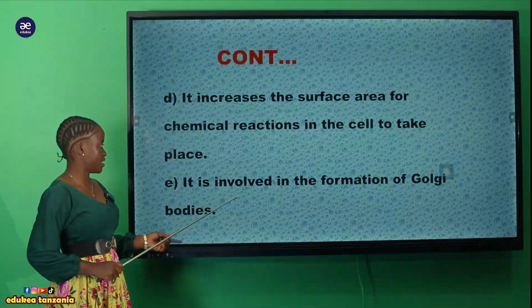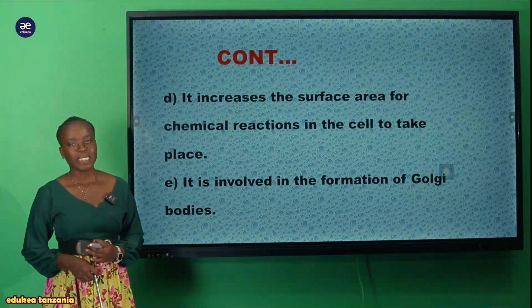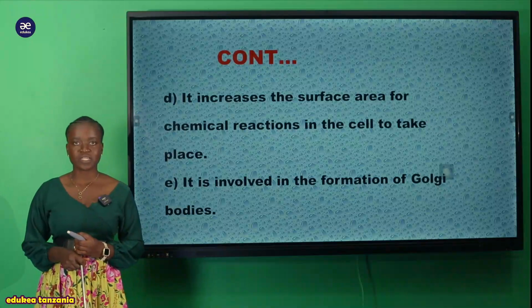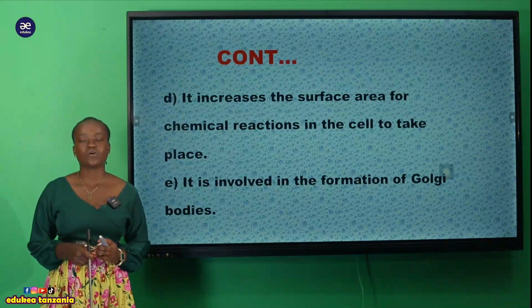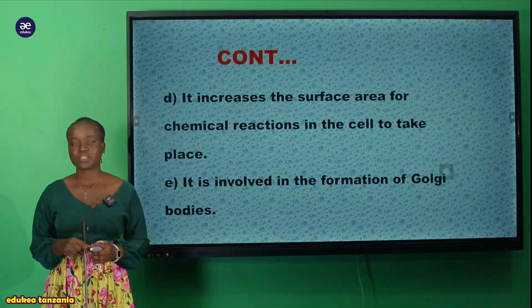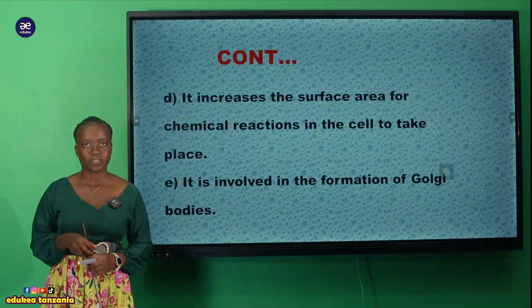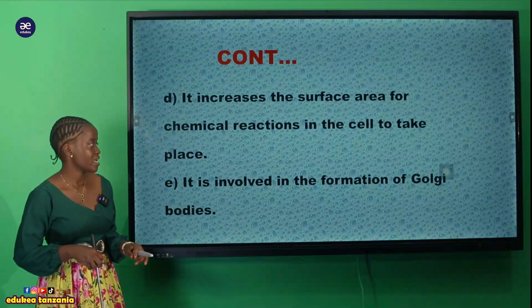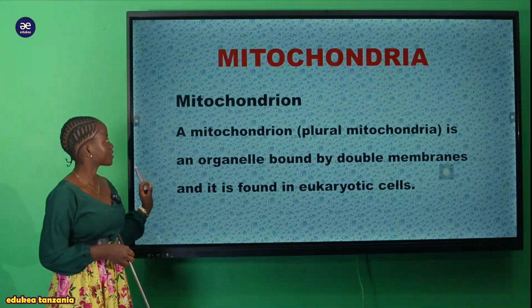Also, it is involved in the formation of Golgi bodies. Pia hii smooth endoplasmic reticulum ndiyo ambayo iko responsible kwa ajili ya kutengeneza zile Golgi bodies ambazo zinapatikana within a body, within the cell. So hiyo inakuwa ni kazi ya hii smooth endoplasmic reticulum.